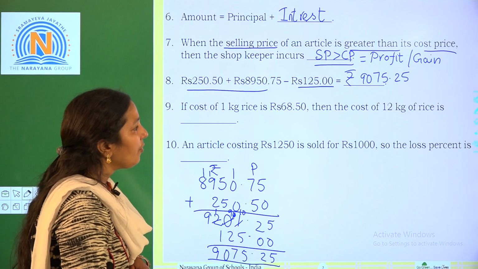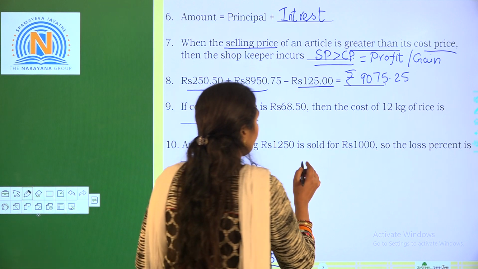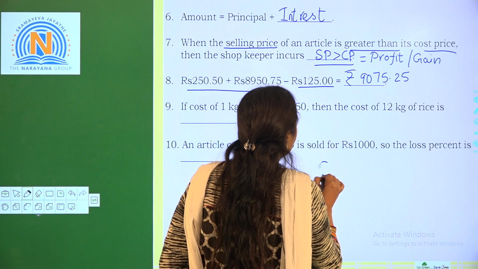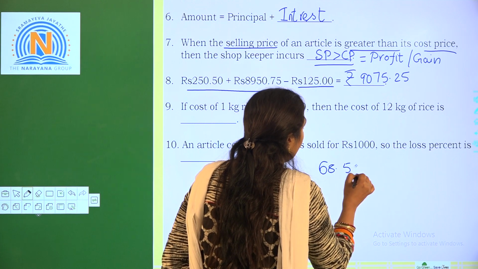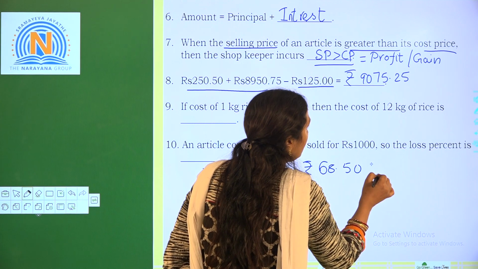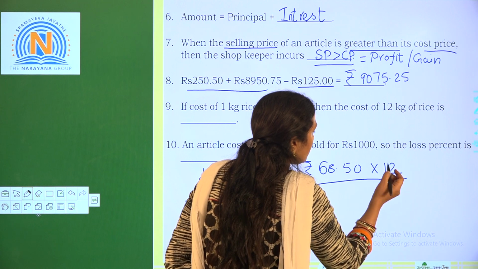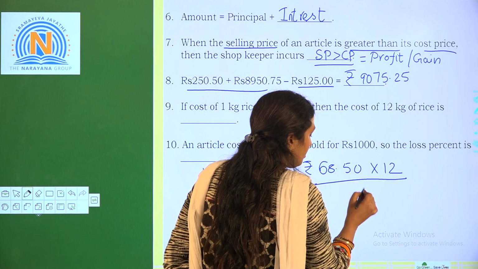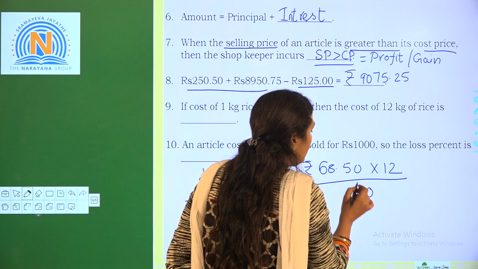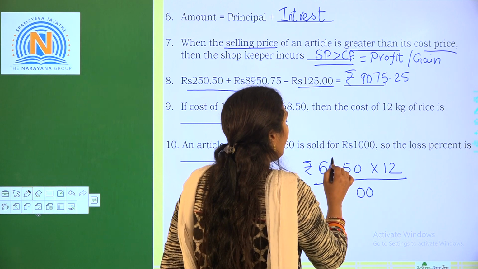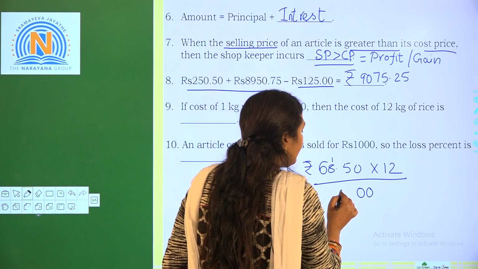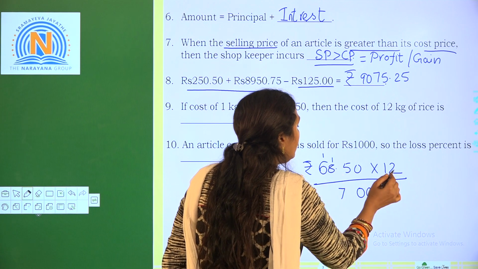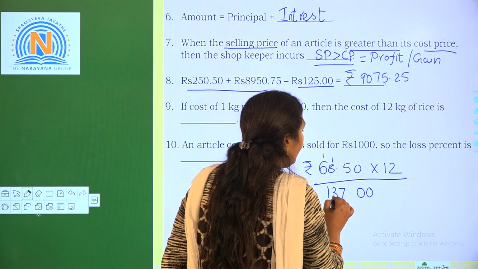Next, if the cost of 1 kg of rice is 68 rupees 50 paise, then the cost of 12 kg of rice is? So here the cost of 1 kg equals 68 rupees 50 paise. We have to find the cost of 12 kgs of rice. 2 zeros 0, 2 5s 10 and 1 carried. 2 8s are 16 plus 1 is 17, 2 6s are 12 plus 1 is 13.